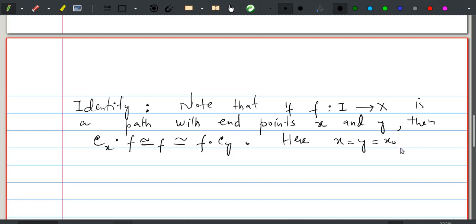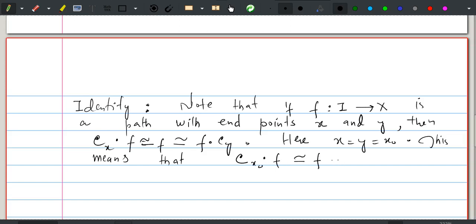So this means that cx naught f is homotopic to f, which is homotopic to f dot cx naught. So this constant loop cx naught serves as an identity of this set pi 1 x x naught.